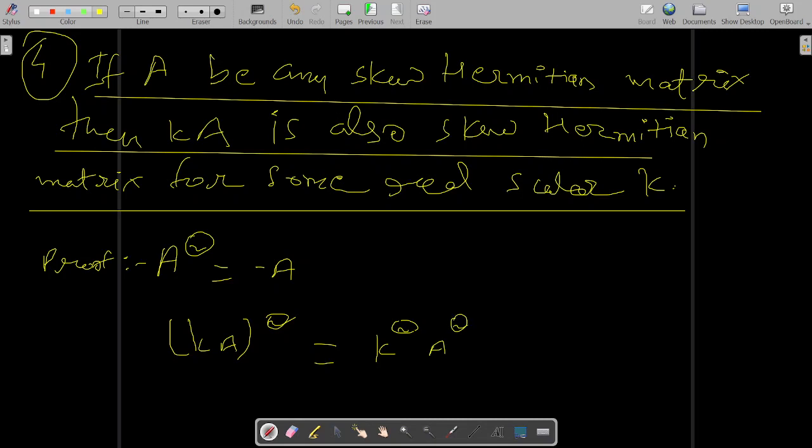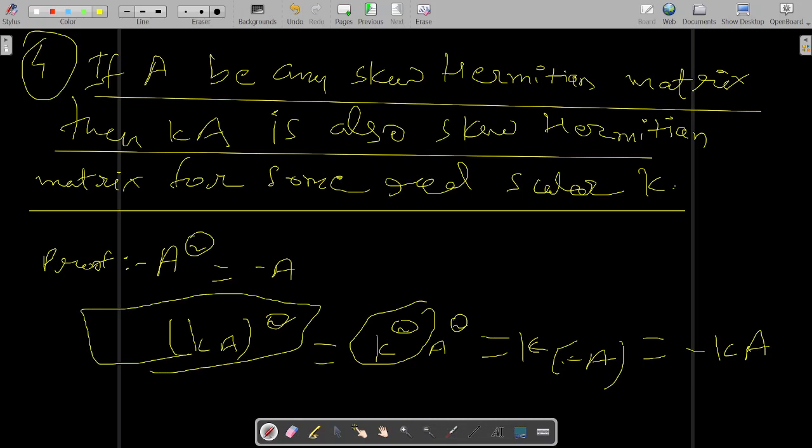Now you know very well that k conjugate is equal to k only, because it is a real scalar, and A conjugate is equal to minus A. So this becomes minus kA, which satisfies the skew Hermitian property. It is very easy to prove, so I am not proving these properties.